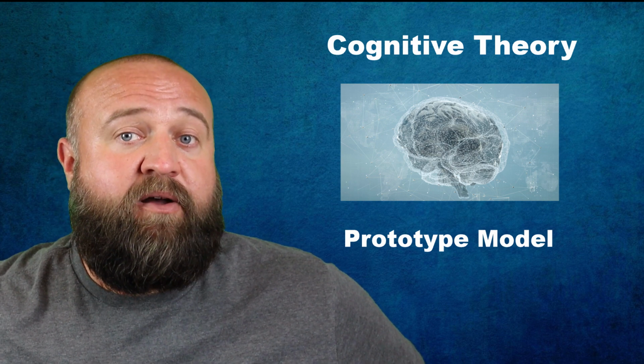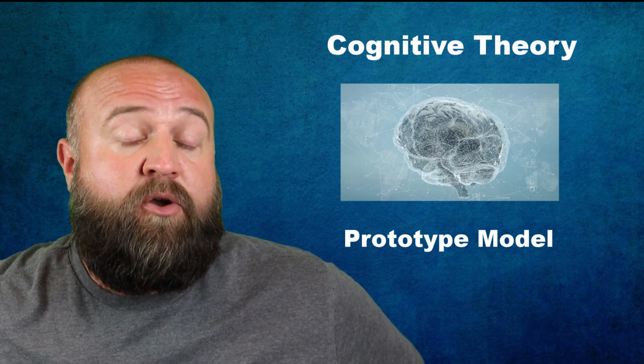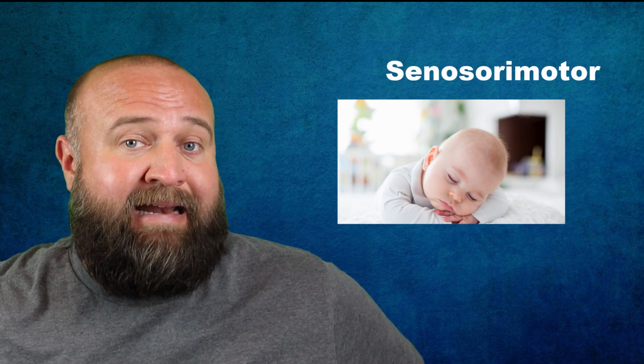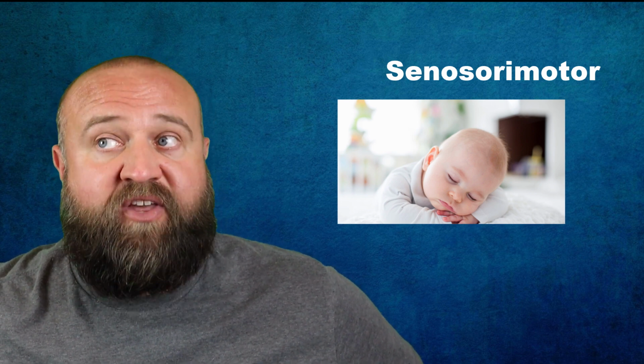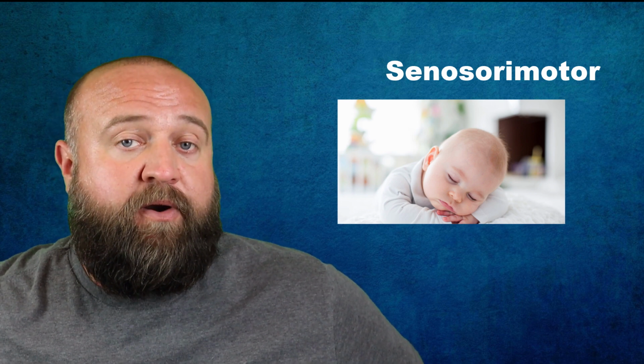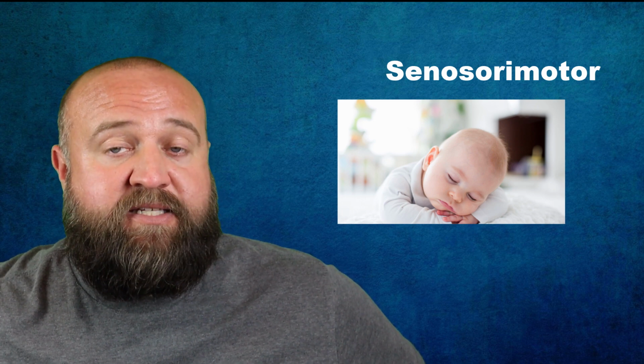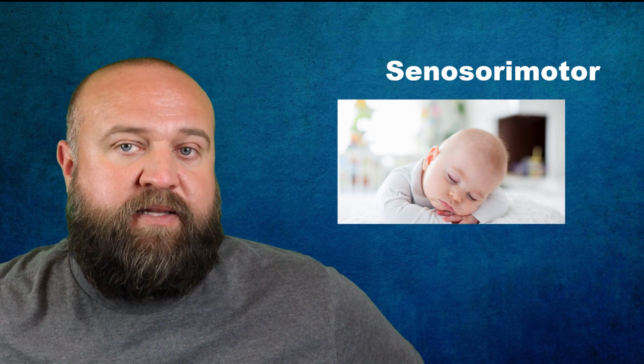Let's start by talking about the first of Piaget's stages, which is the sensorimotor stage. This stage lasts from about birth through to 2 years old. Infants and young toddlers don't have the connections within their brains, the knowledge, or the experience to really think and reason. The part of their brains that is pretty developed, though, deals with things like their senses and motor or muscle movements.